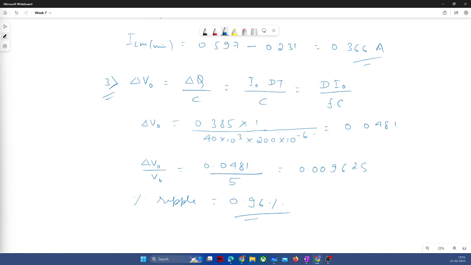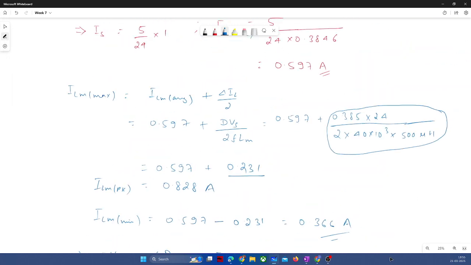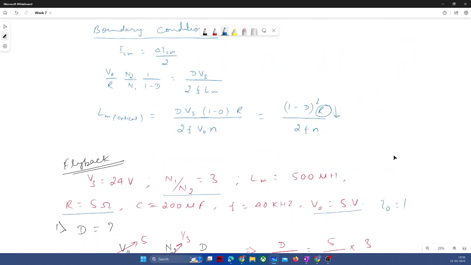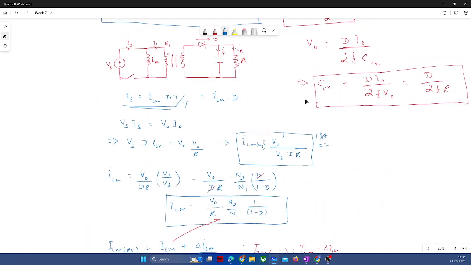Can you once again show the voltage across the switch? The blocking capability, you mean, Ajit? Okay. I think that point I did not discuss, the blocking capability of the switch.